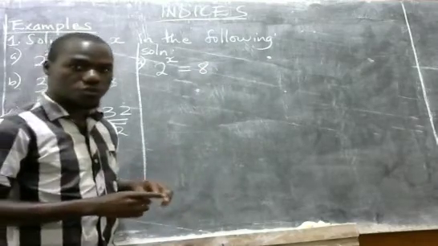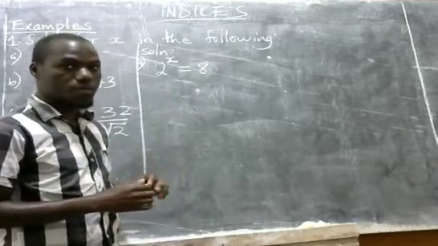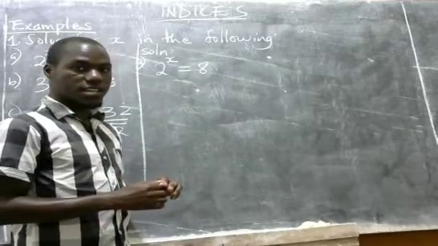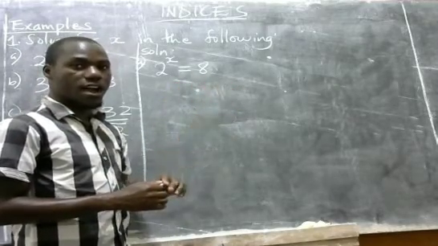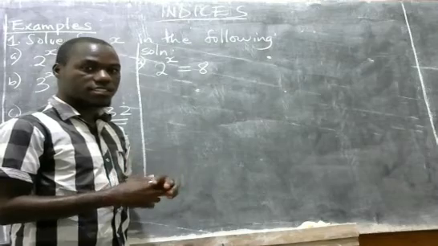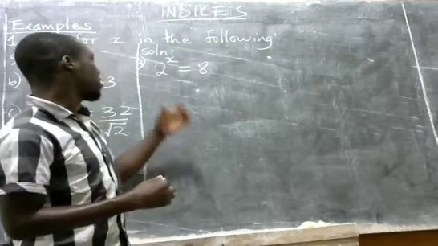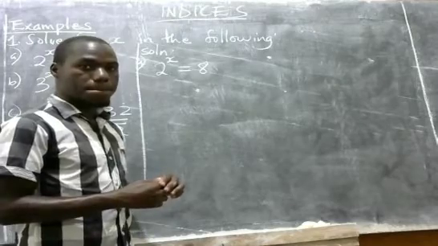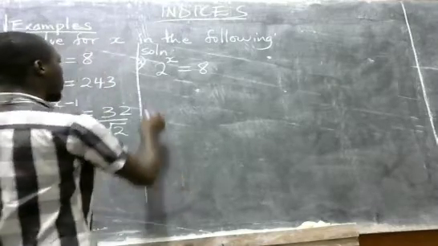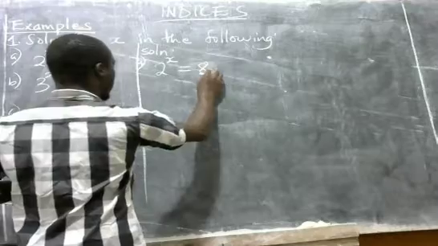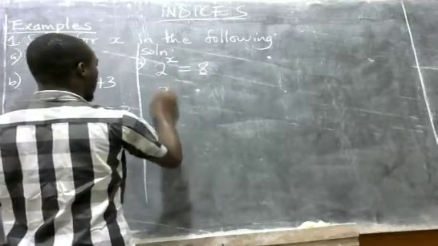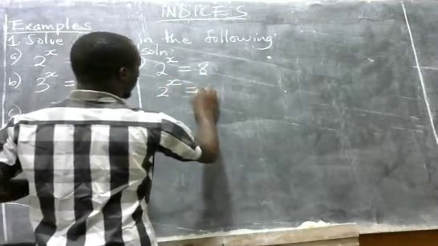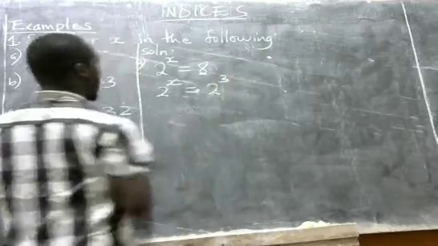Because the unknown is the power, we are going to express the number on the other side as an index number such that we can easily equate the powers. So our 8 in terms of 2, when you prime decompose, is going to be 2 power 3.